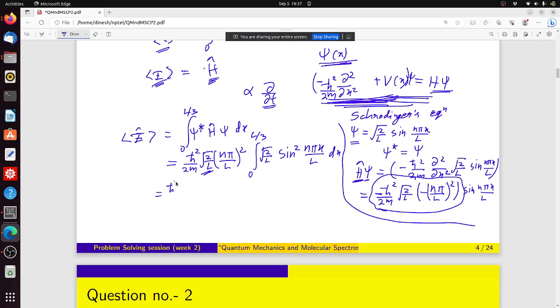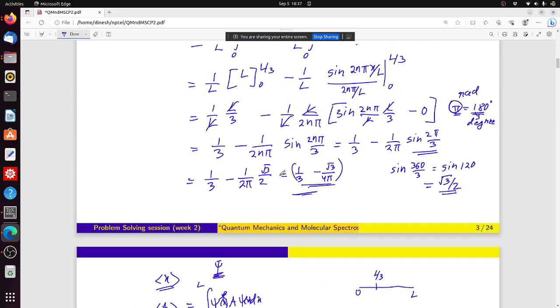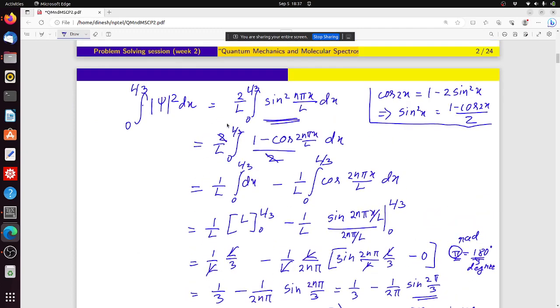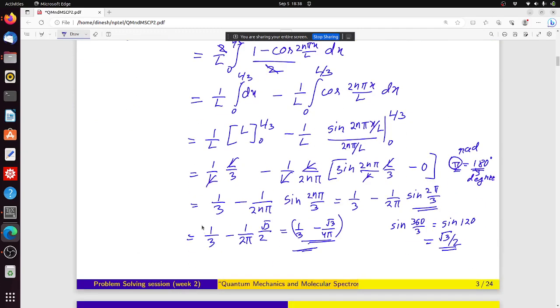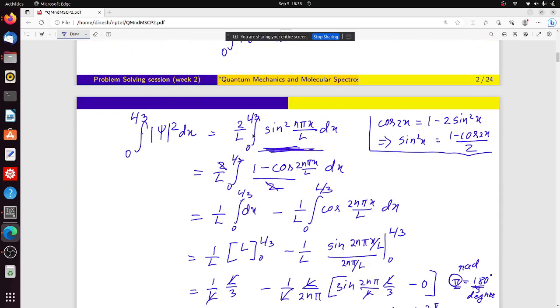So it's h square over 2m, 2 by L, I am taking this outside, n pi by L square. Then this integration we already did here. See, we already got the answer, this much, with the same limit also.